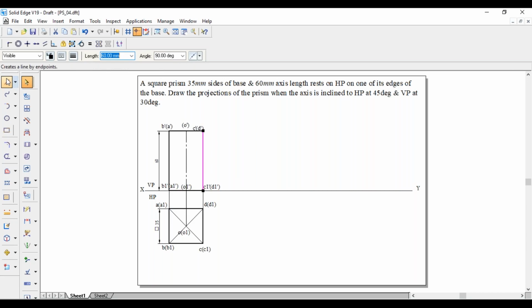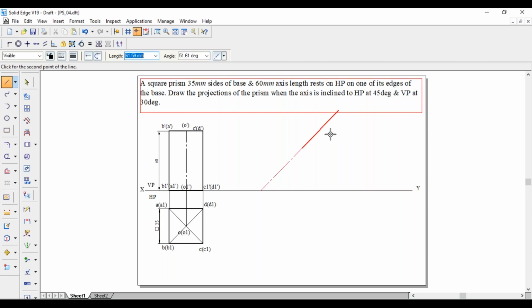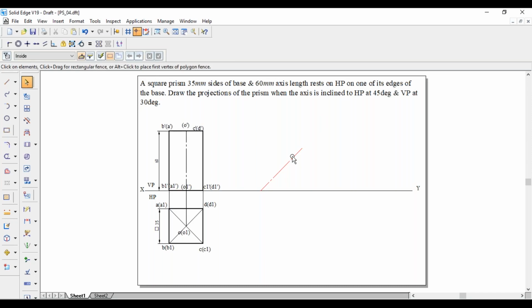So leave some space and draw a line for a length of 60 mm, making an angle of 45 degree with respect to the XY line. So this is C dash in the bracket D dash, whereas this one is C1 dash in the bracket D1 dash.